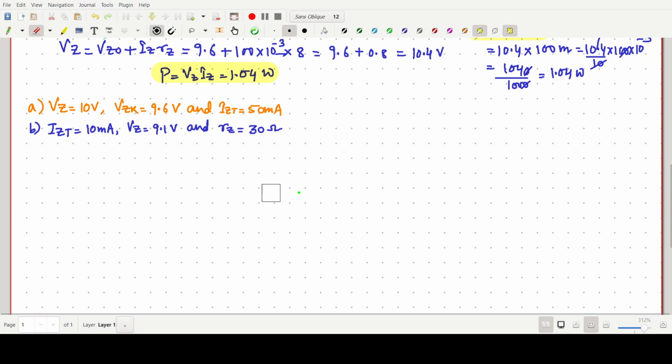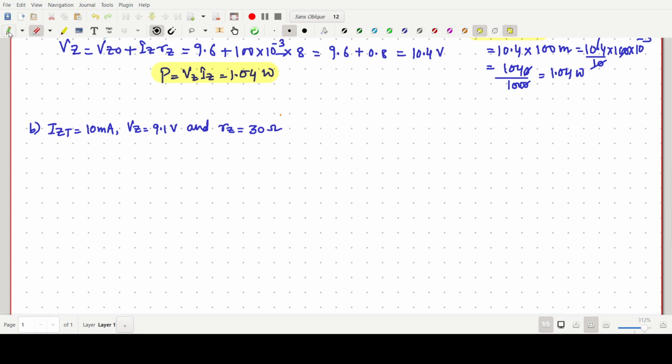I have already copied the question. This is the second part of the question, and again we have to find the missing link.